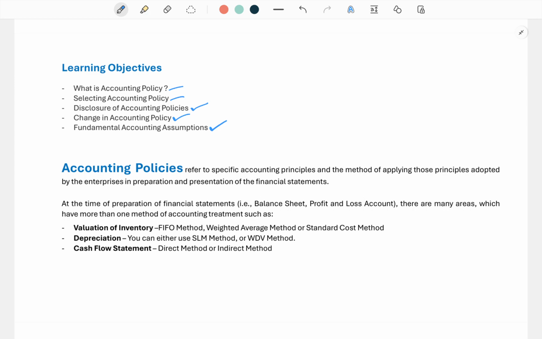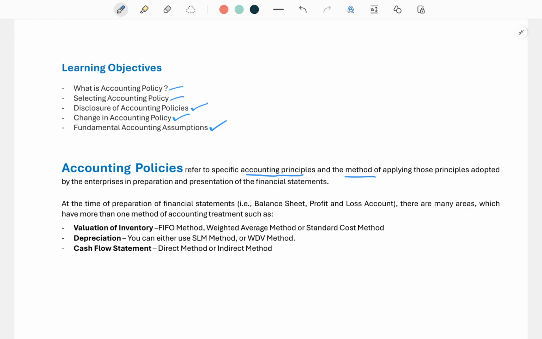First thing, what is an accounting policy? An accounting policy refers to specific accounting principles and the method of applying those principles in the preparation and presentation of financial statements. Many places in the financial statements, more than one type of accounting treatment is possible.